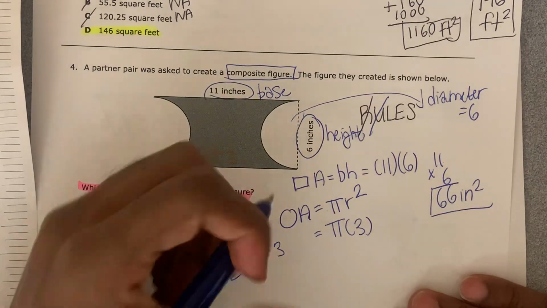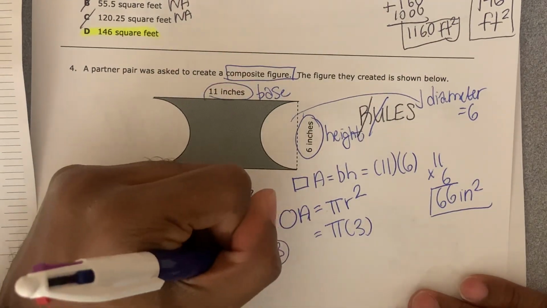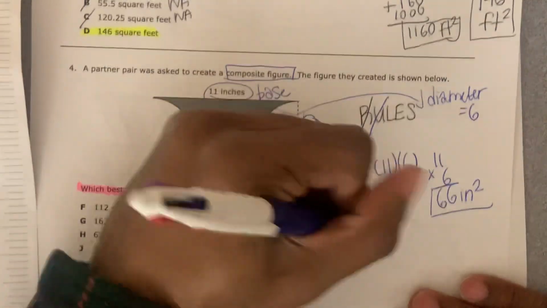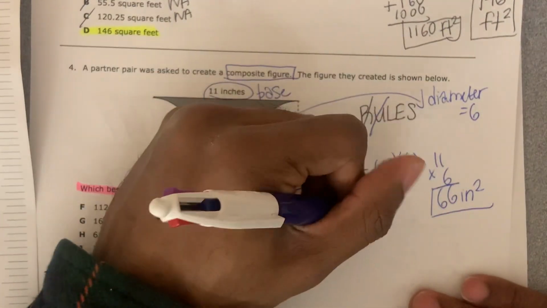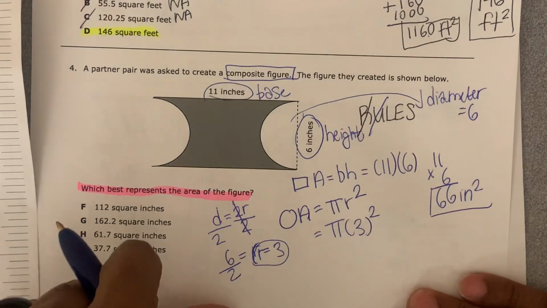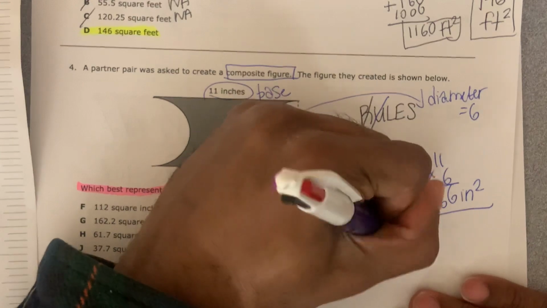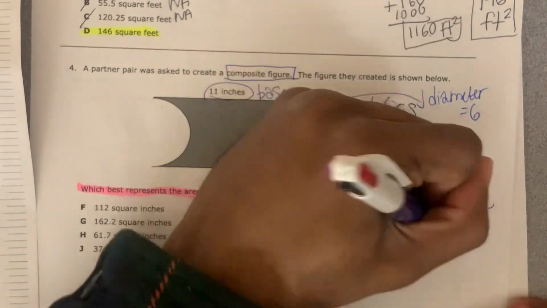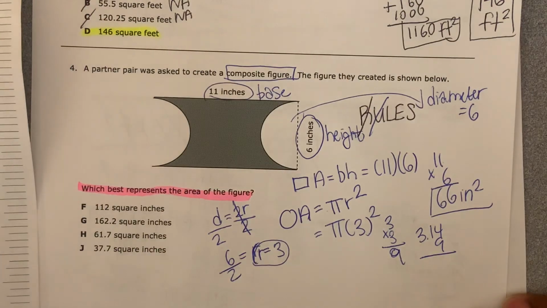We determined that r is equal to 3. And then we're going to square this. So what is 3 times 3? Well, 3 times 3 is equal to 9. And so our final step is to do 3.14 multiplied by 9.